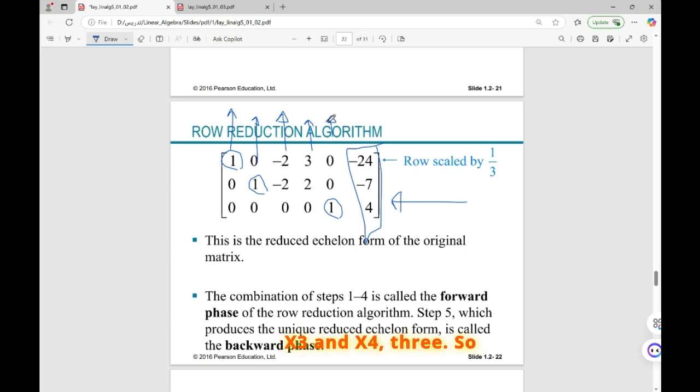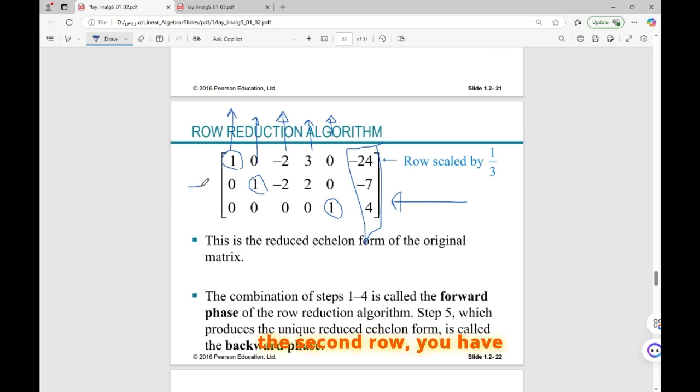x3 and x4 free. So you write, for example, x1 in terms of x3 and x4 and minus 24. Sorry, x1 plus minus 2 x3 plus 3 x4 equals minus 24.